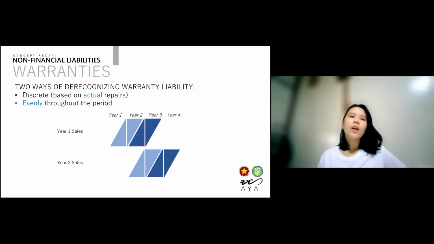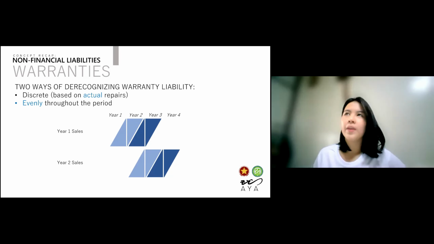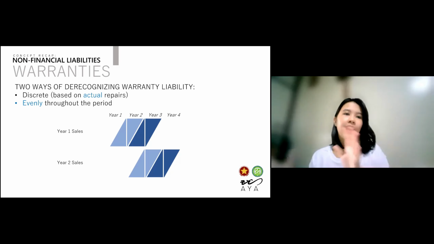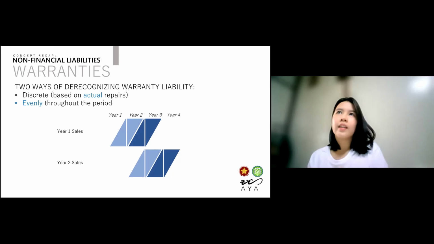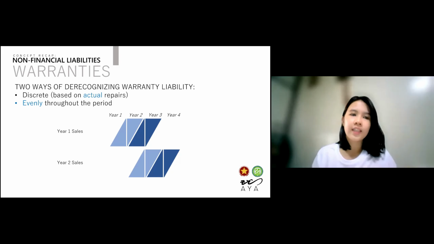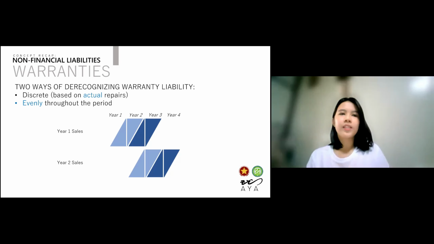Diba? So, ang thing kasi with, when it is evenly distributed throughout the period, it talks about the spreading out of the sales. Kasi diba, as mentioned, ang basis natin dito sa topic na to is associating cause and effect. So, kailangan nating i-base kay sales kung paano natin i-recognize si liability or si expense.